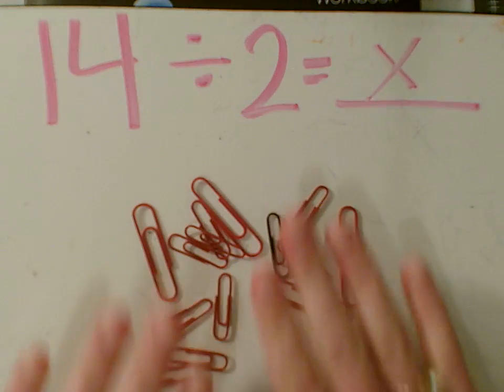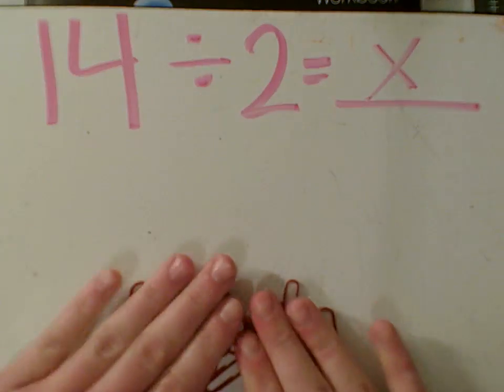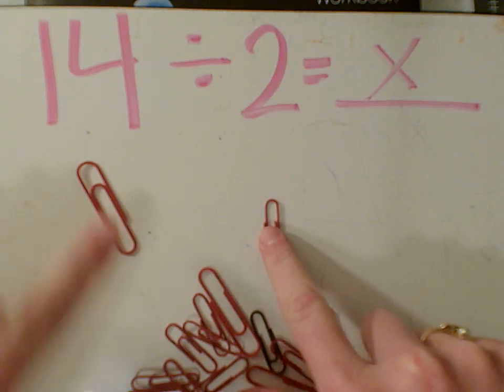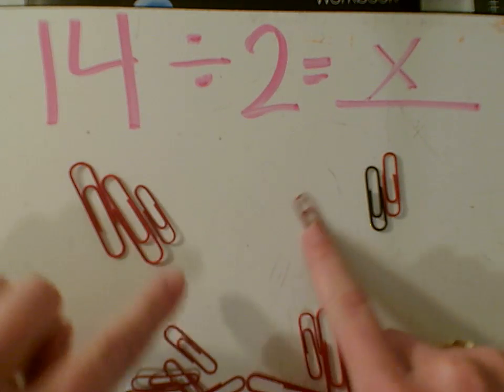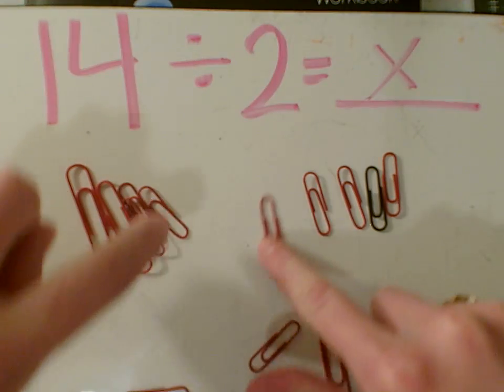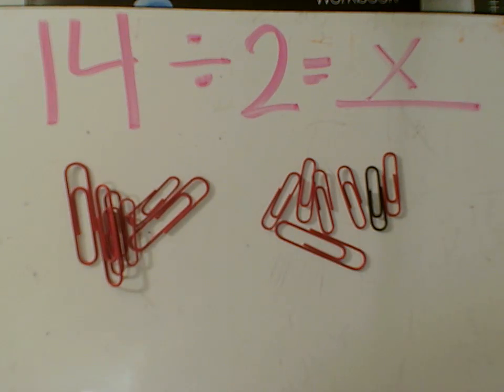So I have 14 paper clips. And I'm going to separate them into two equal groups. Okay, so I'm going to go, you get one, I get one. I'm just going to keep doing this until I run out of paper clips. Okay, and there I go.